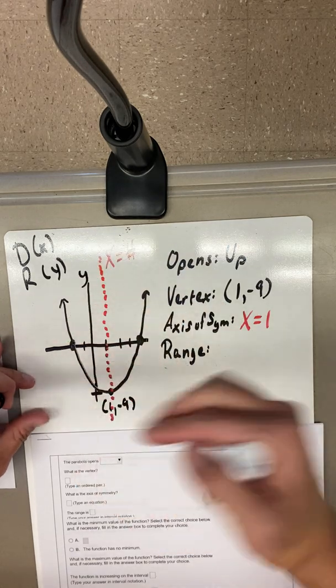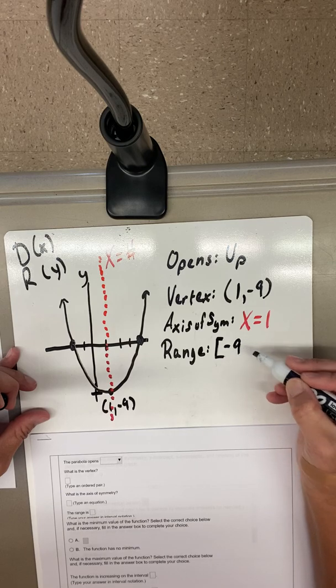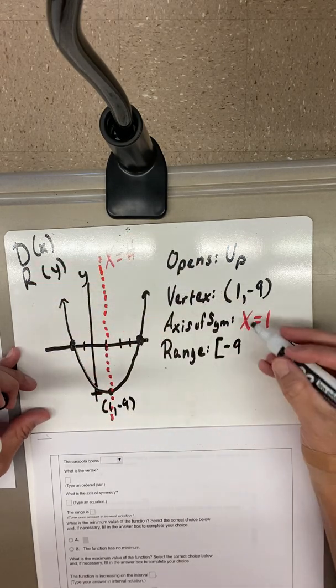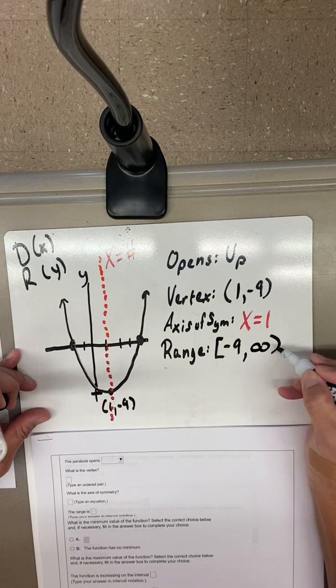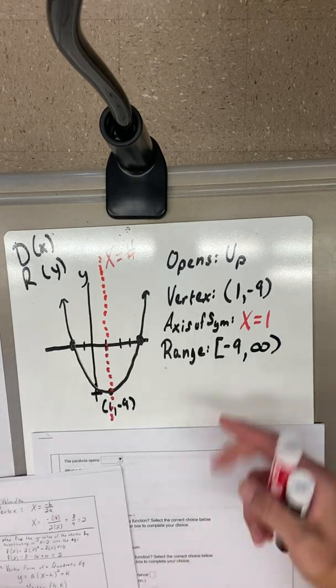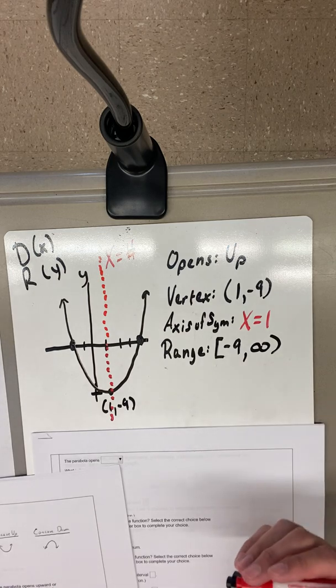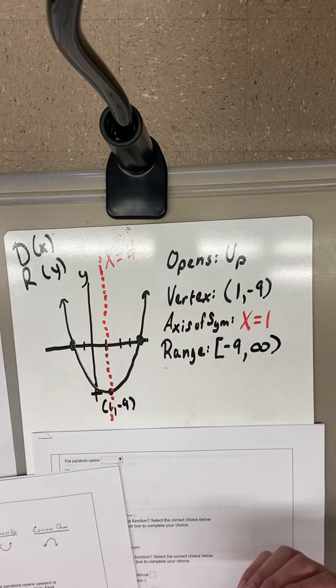It goes down to -9, and it touches there, so we're going to use a bracket. If it can equal, use a bracket. And then it goes up forever to infinity and beyond. Buzz Lightyear's here, y'all. All right, so that's the range. If it asks you domain, domain goes left and right. This parabola goes left forever, it goes right forever, so that would be -infinity to infinity.